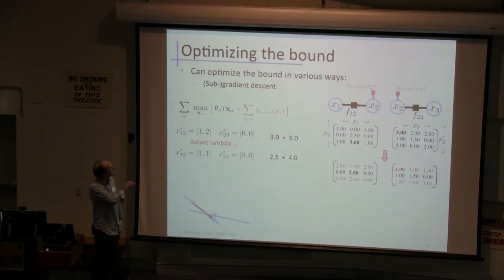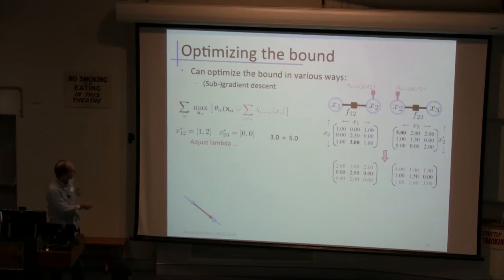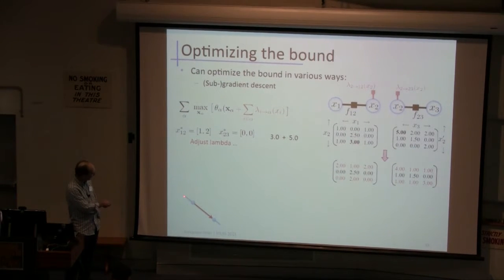And so what's actually happening here is, given the optimum configuration of the two factors individually, the objective is actually linear in lambda. So we start off at some position, and for fixed x star, we have a linear objective. We take a step to some new point. But this new value of theta might correspond to a different set of maximizers.